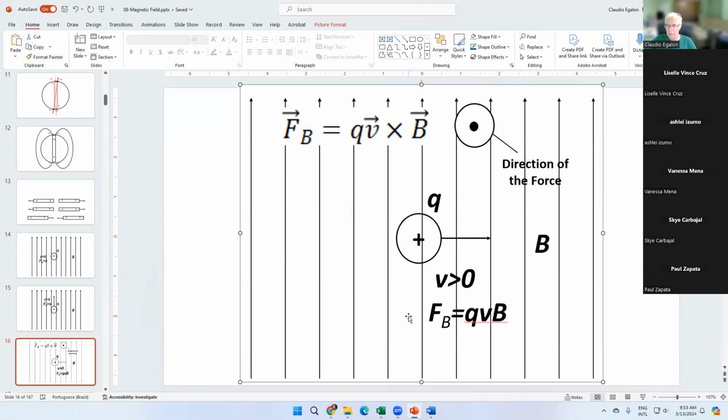And the direction of the force is given by the right-hand rule. You lay down the palm along the velocity vector, cross your palm towards the magnetic field line, and the direction of your thumb points in the direction of the magnetic force. That's how we express it in mathematical terms, V cross B, okay?